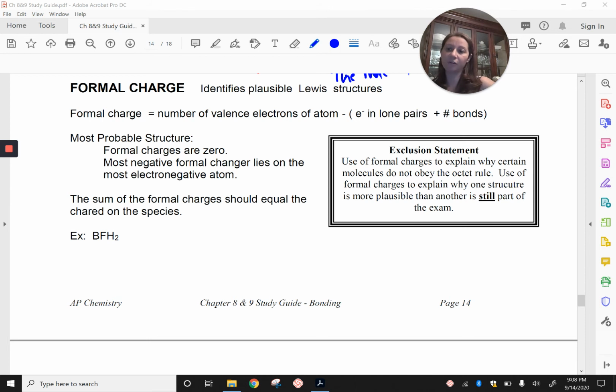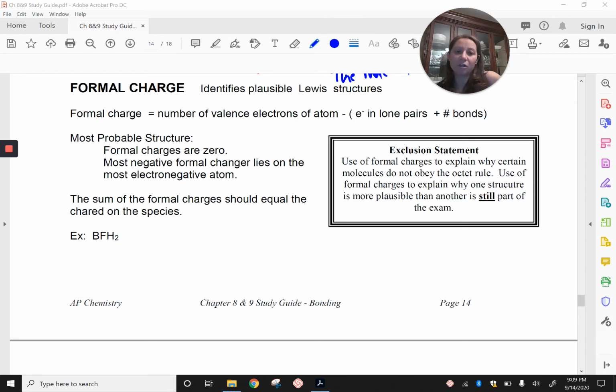To calculate formal charges, you take the number of valence electrons available for that atom, and you subtract the number of electrons in lone pairs plus the number of bonds. We'll do a couple of examples so you can see what this means.